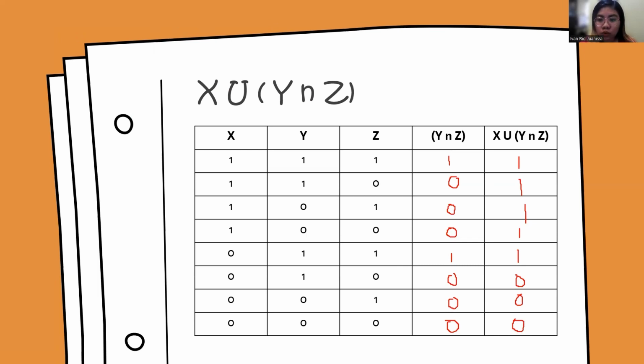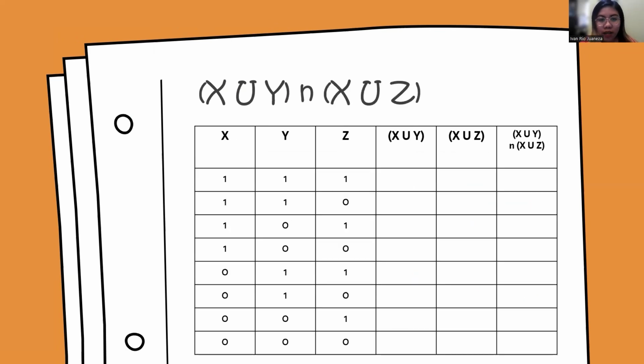So we can go to the next membership truth table for (X union Y) intersect (X union Z). For X union Y, so 1, 1, 1, 1, 1, 1, okay, 0.